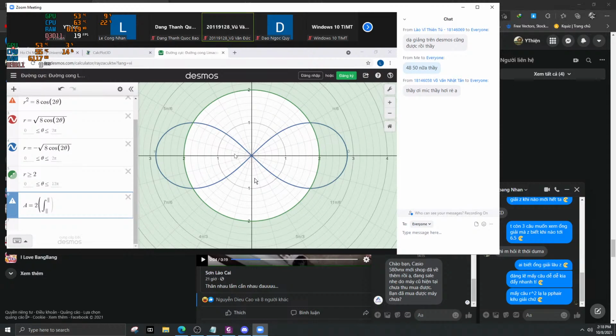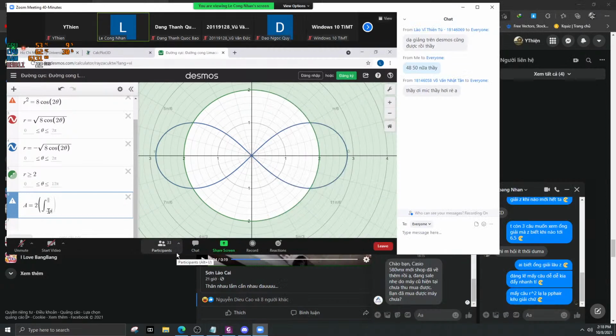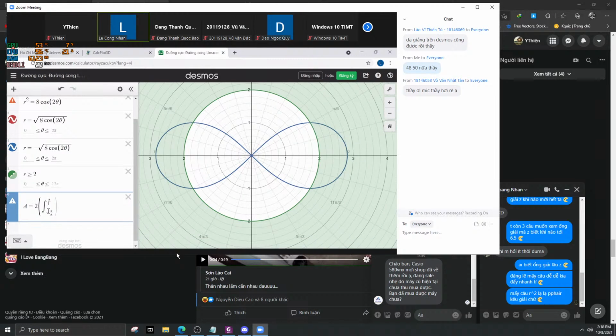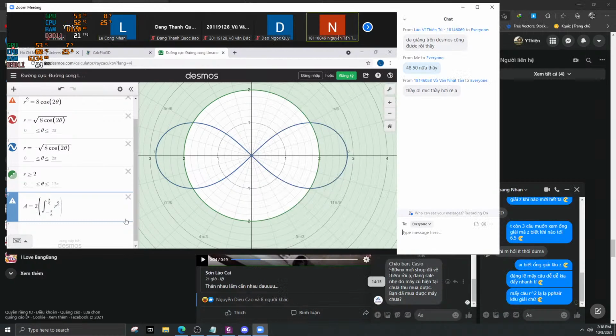Okay. Then the angle theta is from minus pi over 6 to pi over 6. Okay. So we have theta from minus pi over 6 to pi over 6. And the radius, in this case, the radius squared, d theta.